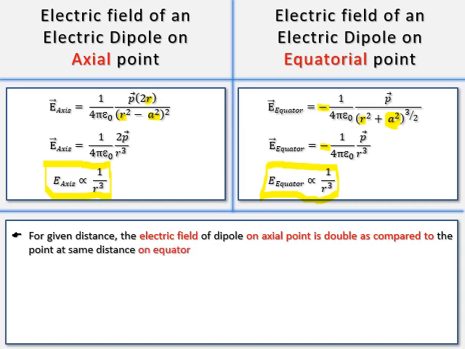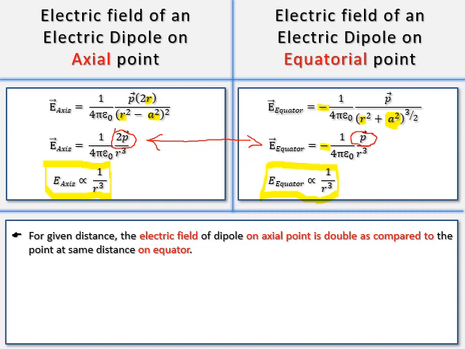And how do we know that? Look at this second equation. You have 2p here, whereas on the corresponding equation we have simply p. So we can say that on axial point you have double electric field as compared to equatorial point at same distance from center of the dipole. What is the other point of comparison?